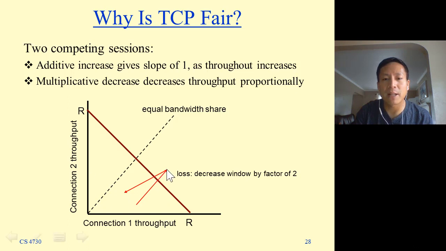Essentially, it's a line that you draw from this point to the origin, 0, 0, and you pick the middle point right here. That's the point you will be going to. So you will reach this point, and now the network is fine again because there is no congestion, right?